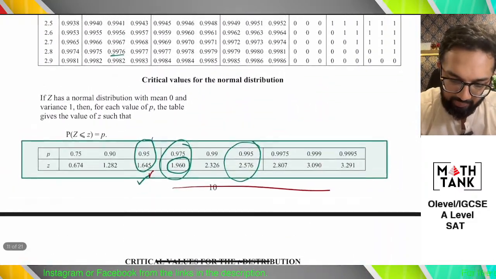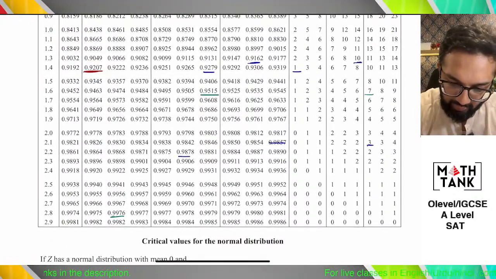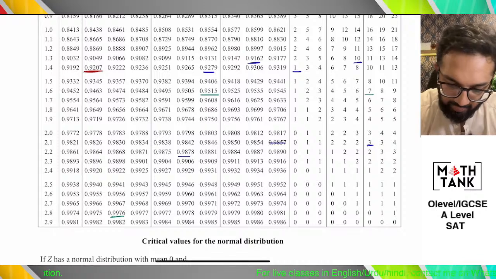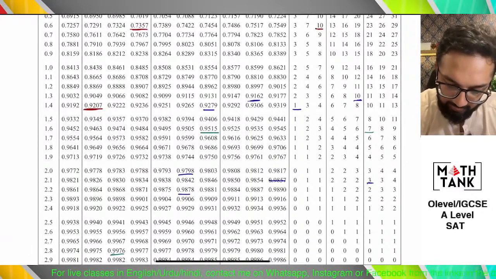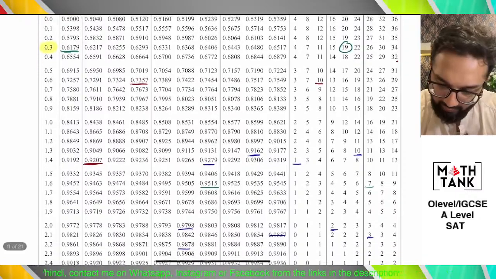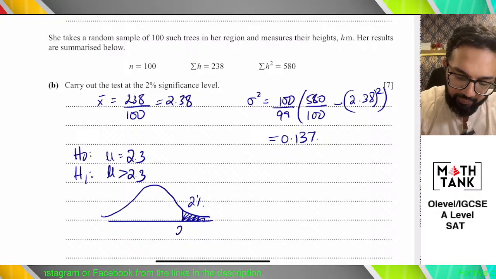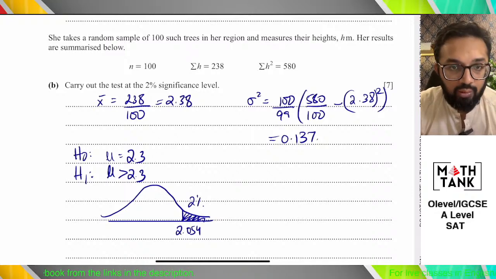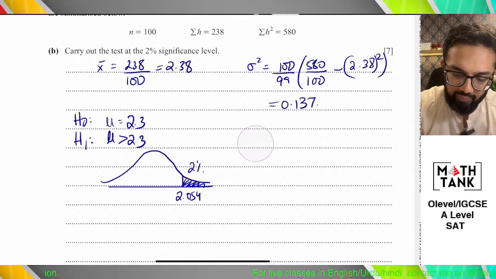That's 0.98, and searching the table gives 2.054. 2.054 is my critical value. Then I find the z value of my test statistic.